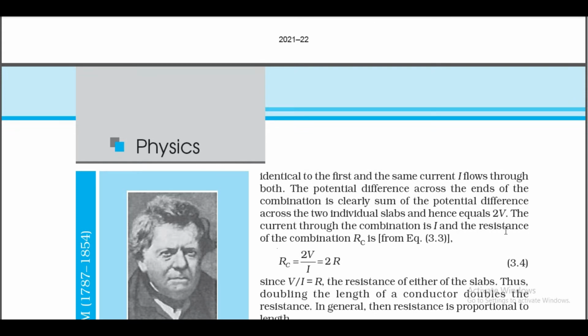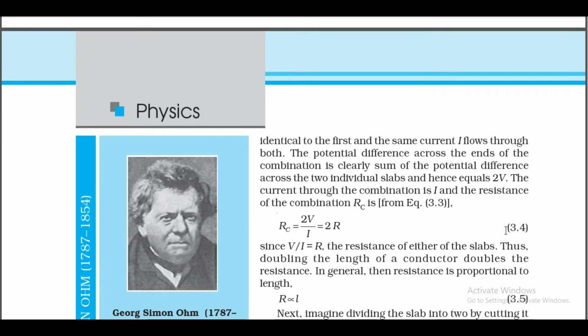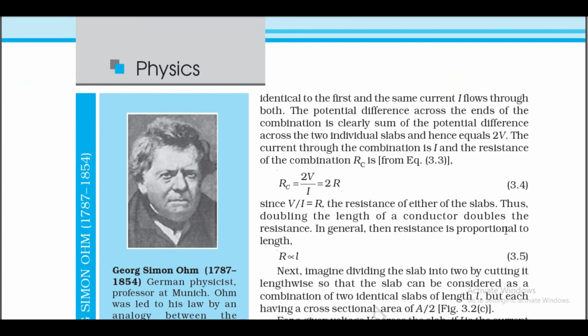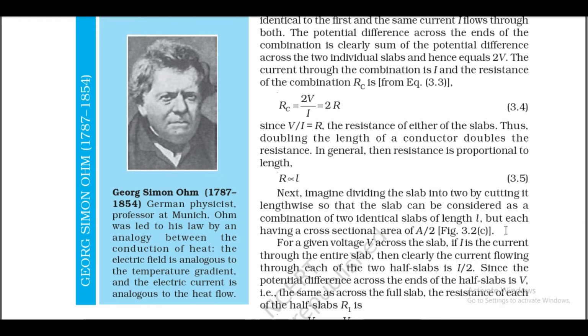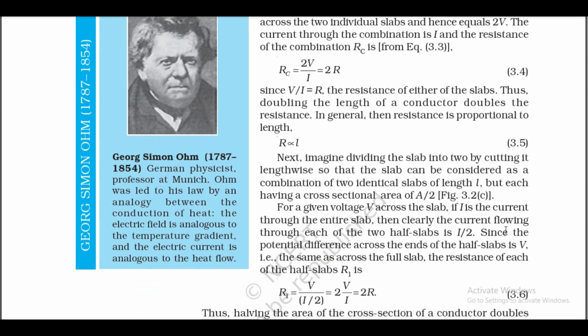The current through the combination is I, and the resistance of the combination RC is, from equation 3.3, RC = 2V/I = 2R. Since V/I is equal to R, the resistance of either of the slabs, doubling the length of the conductor doubles the resistance. In general, then, the resistance is proportional to length. R is directly proportional to L.